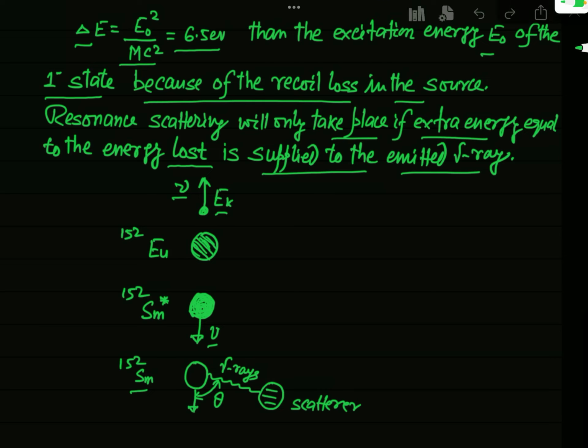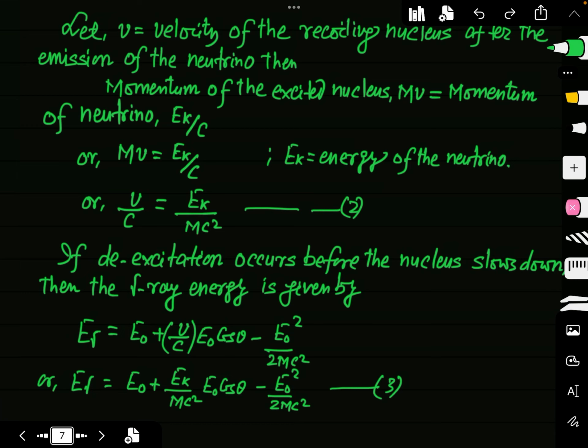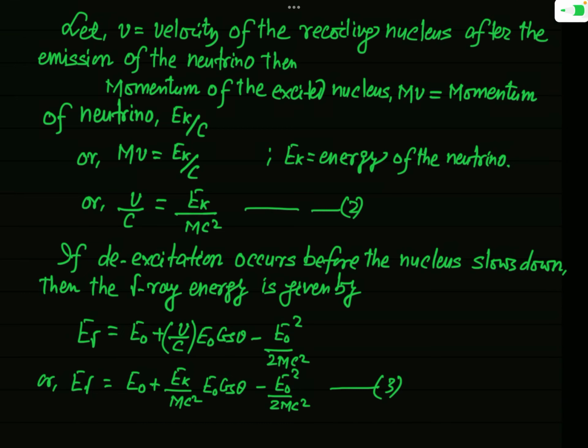You can see I have mentioned it here that v is the velocity of the recoiling nucleus after the emission of the neutrino, as you have seen in the figure.